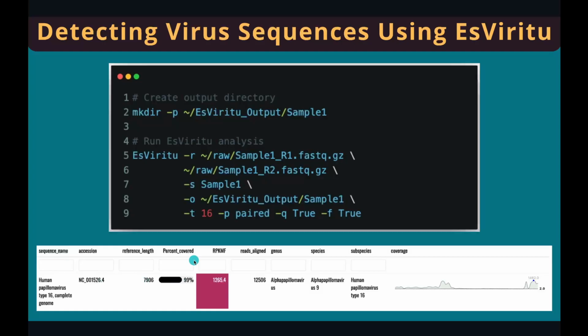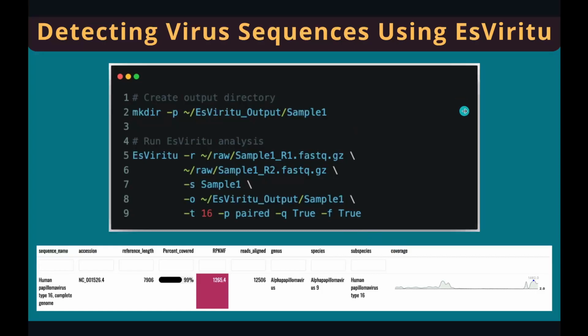And percent covered, that means 99% of our reads map to the HPV16. The RPKMF is the normalized expression, and reads align is the raw counts. And coverage shows where the reads cover the genome.